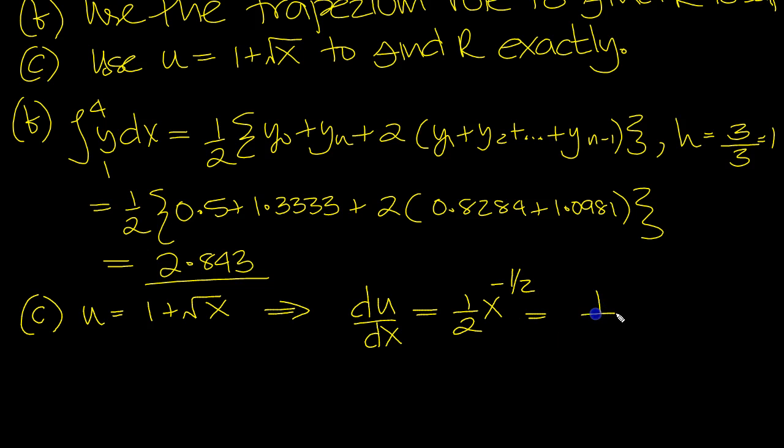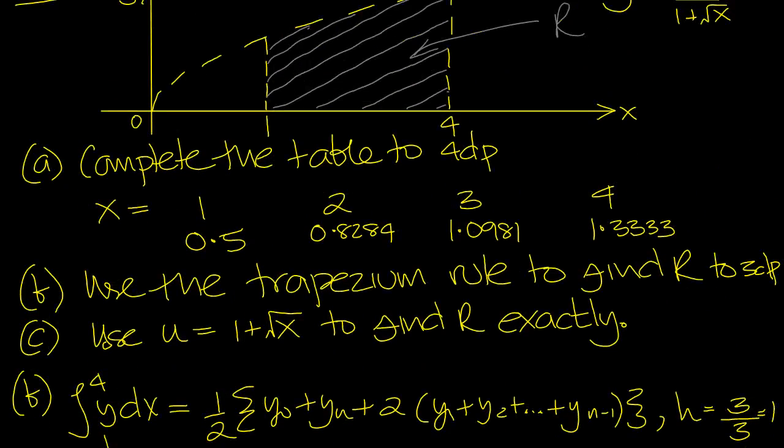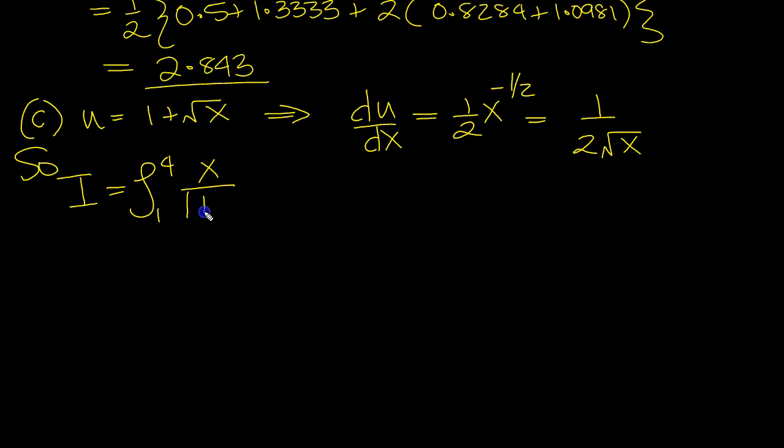So it's equal to 1 over 2 square root x. So the integral I is equal to the integral between 1 and 4 of x over 1 plus root x dx.